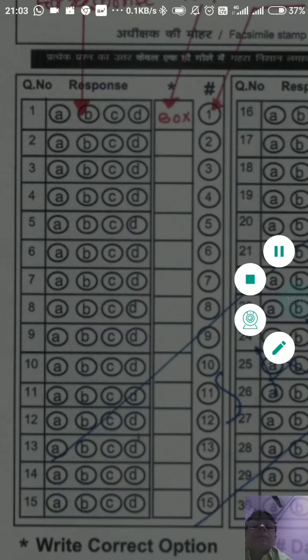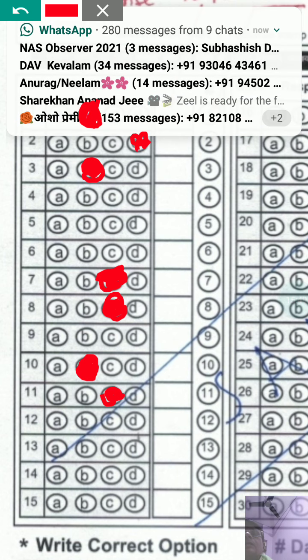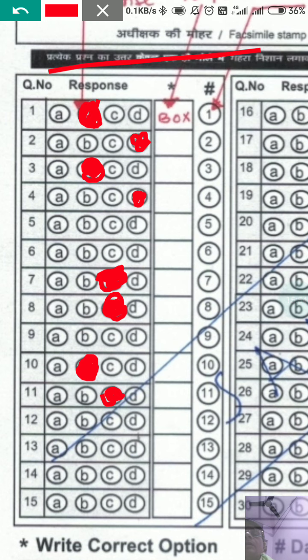Means in all the boxes, suppose for question number 10 the response is B, question number 11 the response is C, which you have darkened. Okay, cool, it is B, you have darkened here, it is D, you got it.